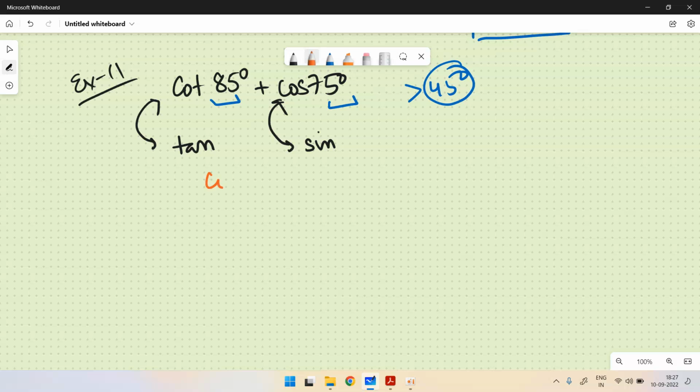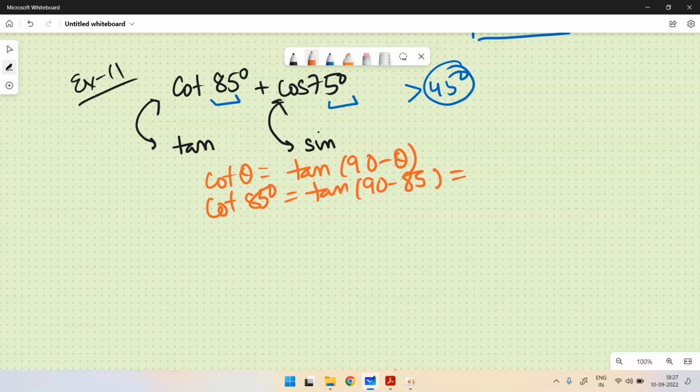You know that cot theta is tan of 90 minus theta. If you put 85 degree, cot 85 degree is tan of 90 minus 85 degree, nothing but tan of 5 degree.